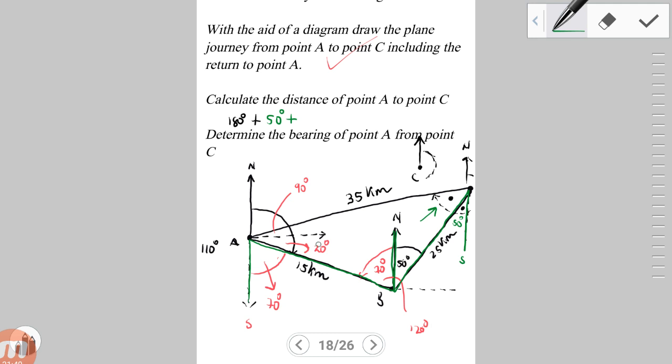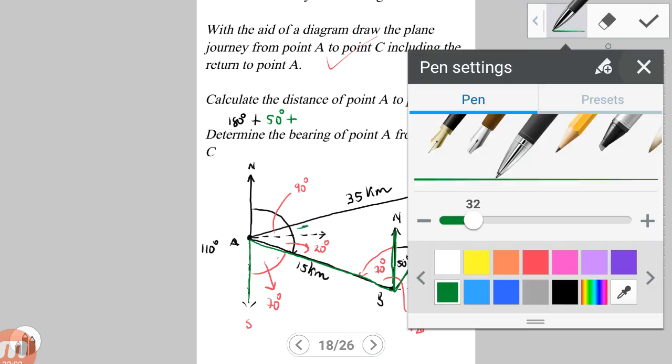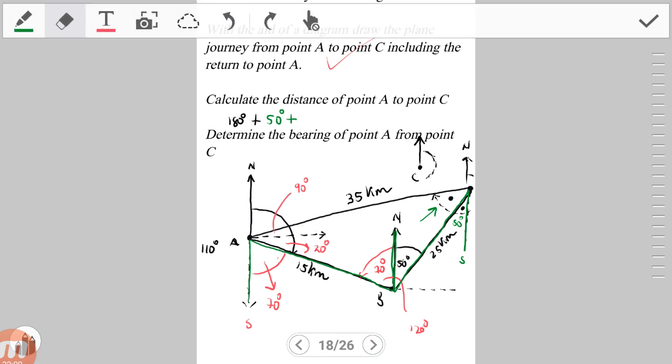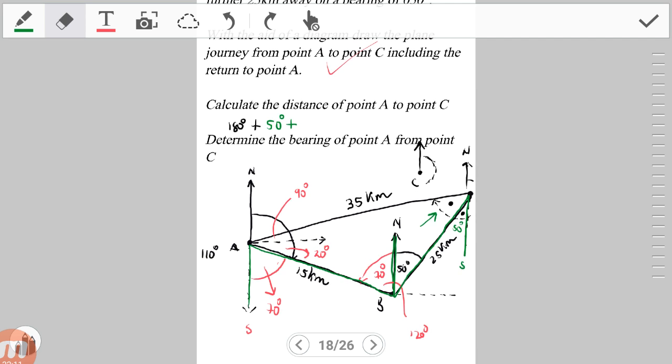Now remember that the angle here for 20 degrees, naturally some of you would have been caught by adding the 70 and the 50 and the 20 and taking it from 180 to get this. But remember that this little piece of angle in here has not been established. So we actually need to find that piece of angle inside there.